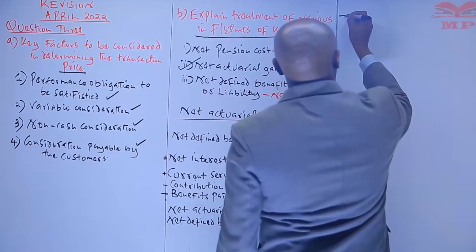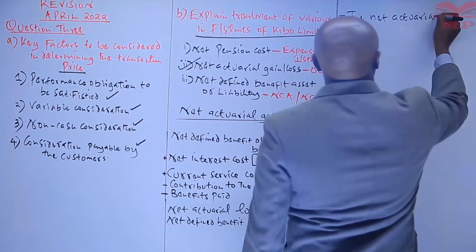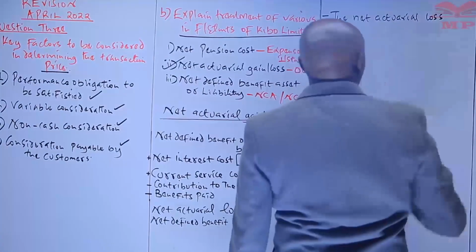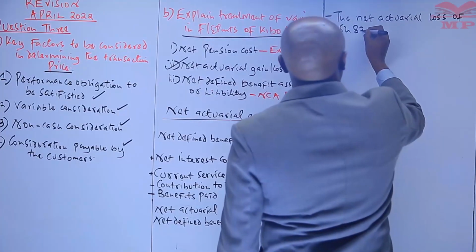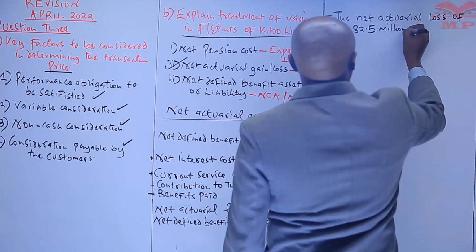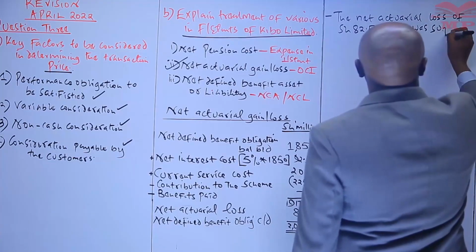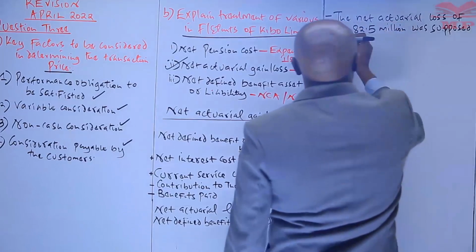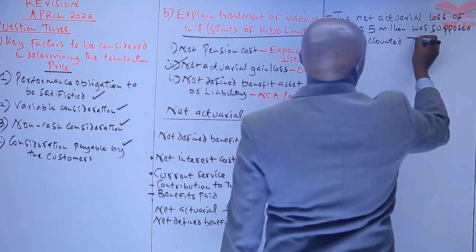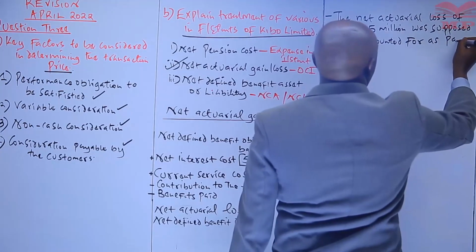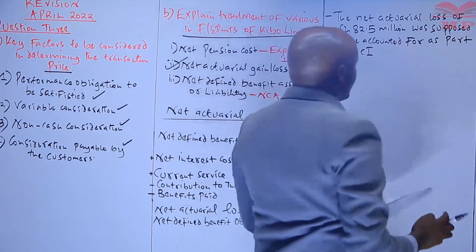We say that the net actuarial loss of shillings 82.5 million was supposed to be accounted for as part of other comprehensive income.